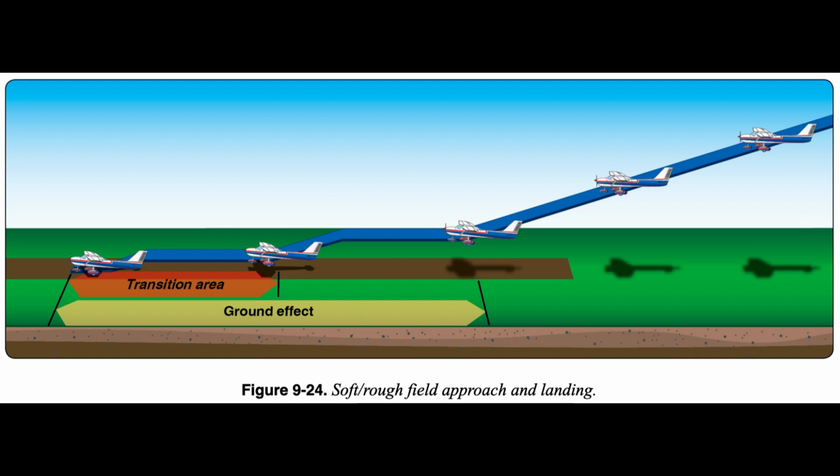Round out too high above the runway surface. 5. Poor power management during round out and touchdown. 6. Hard touchdown. 7. Inadequate control of the airplane weight transfer from wings to wheels after touchdown. 8. Allowing the nose wheel to fall to the runway after touchdown rather than controlling its descent.